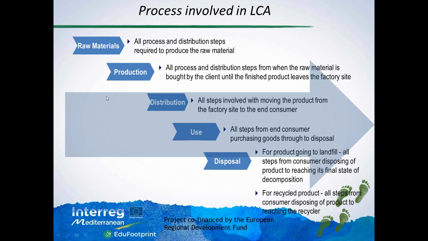Then there is production, so all the process and distribution steps from where the raw materials are bought by the client until the finished product leaves the factory site. Then there is distribution, so all steps involved with moving the product from the factory site to the end consumer.